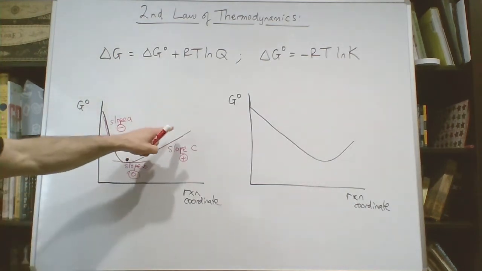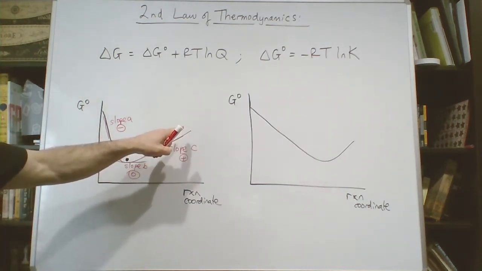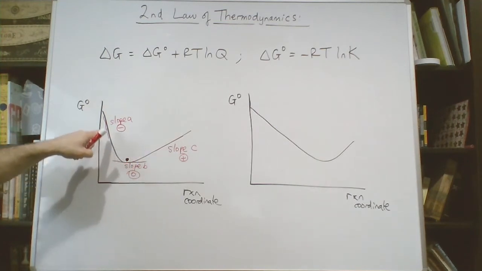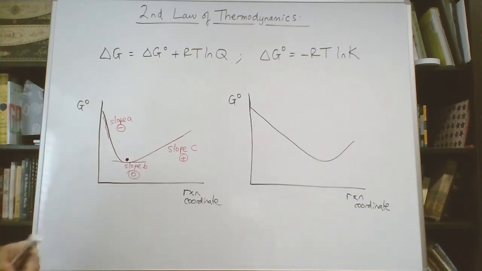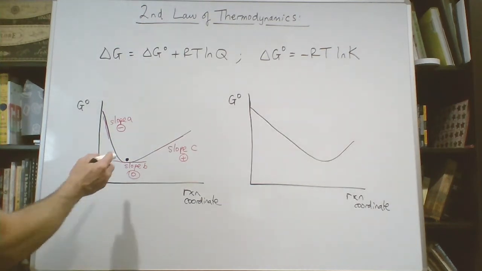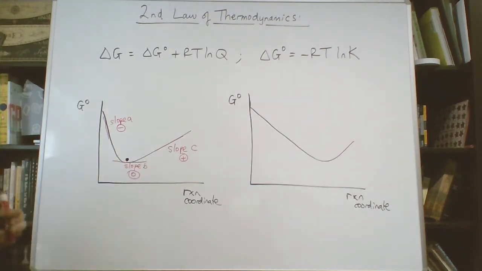Likewise, if we put the marble up here initially, the marble would roll down, slosh around, but ultimately the marble would end up here, left to its own devices. If we put the marble here, nothing will happen because there's no slope.